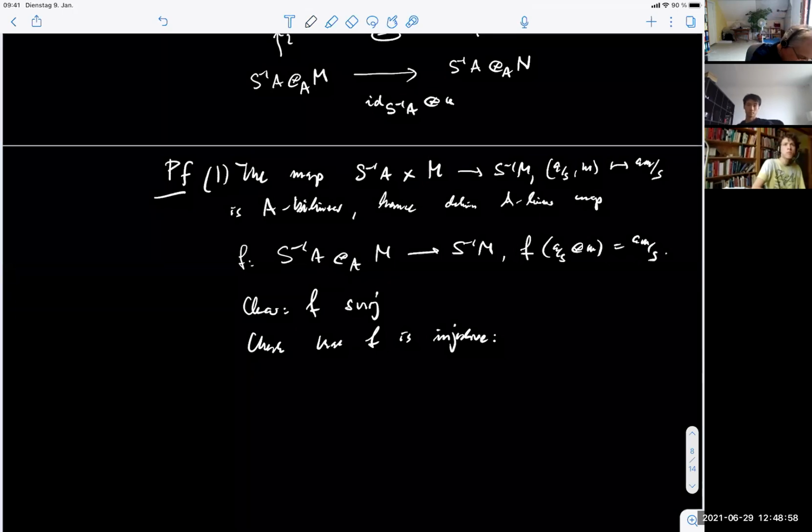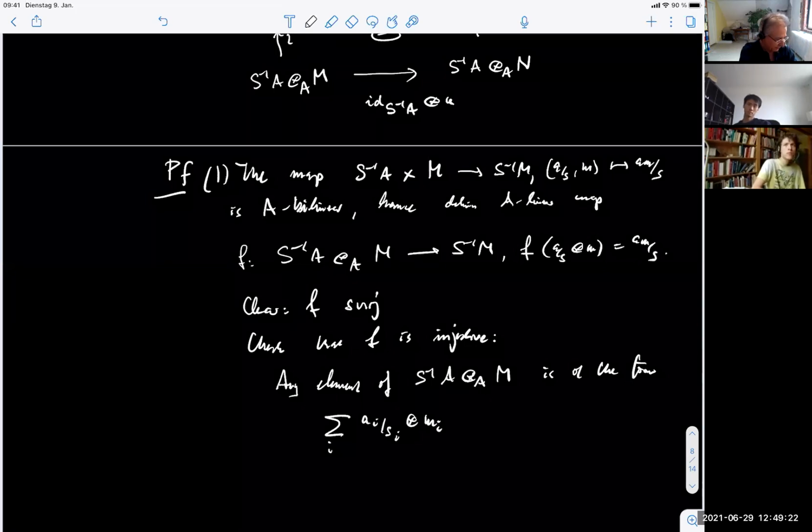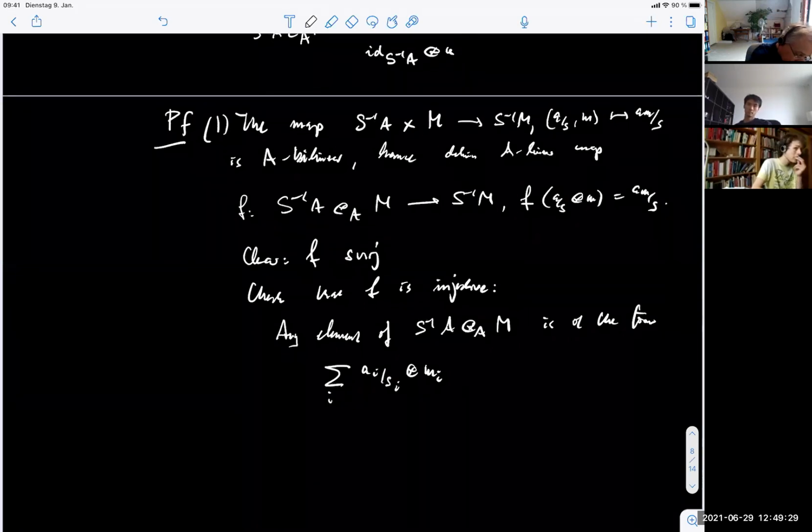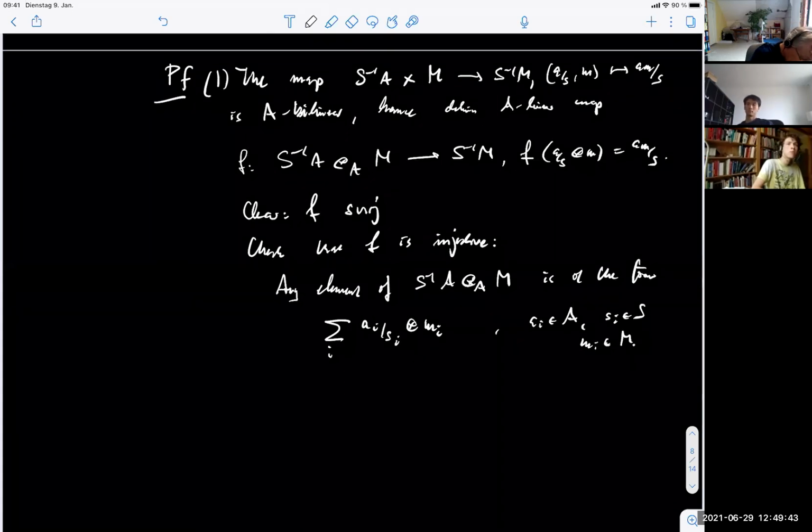So any element of this guy here is of the form, a finite sum, ai over si tensor mi, where of course ai in A, si in S, mi in M. Now I assume it is mapped to 0.